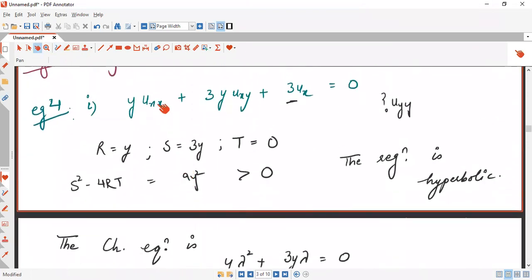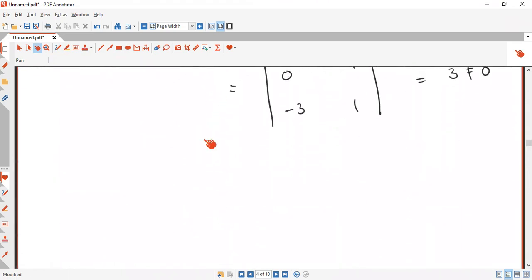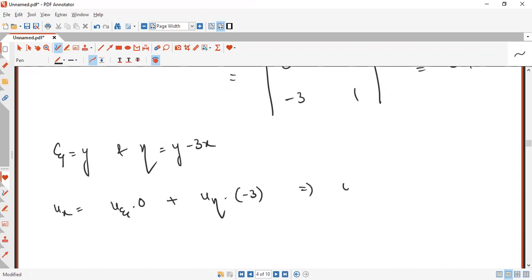Now, the given equation was uxx, uxy, and ux. Same steps will be followed. Xi equals y, eta equals x minus 3y. Ux: xi x becomes 0, eta x is minus 3. So ux will be minus 3 u eta.